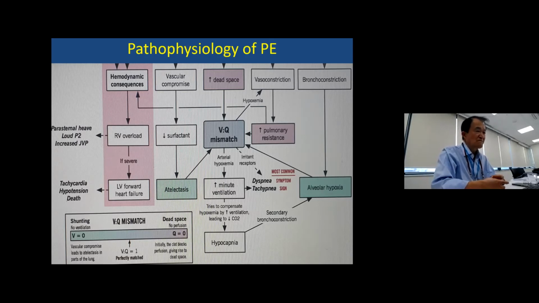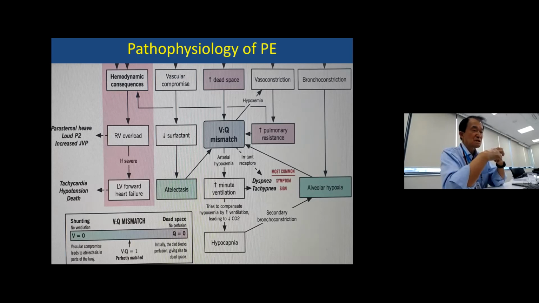So when V is down, Q is supposed to be down, so we have a matched abnormality for most bronchial disease or lung disease. However, when the pulmonary artery is blocked, then only in an acute, hyperacute situation may it show matched abnormality.